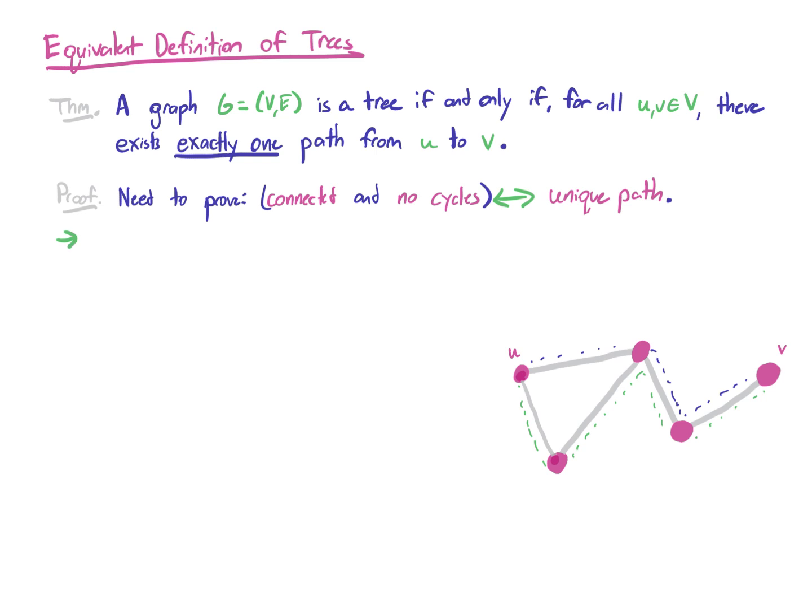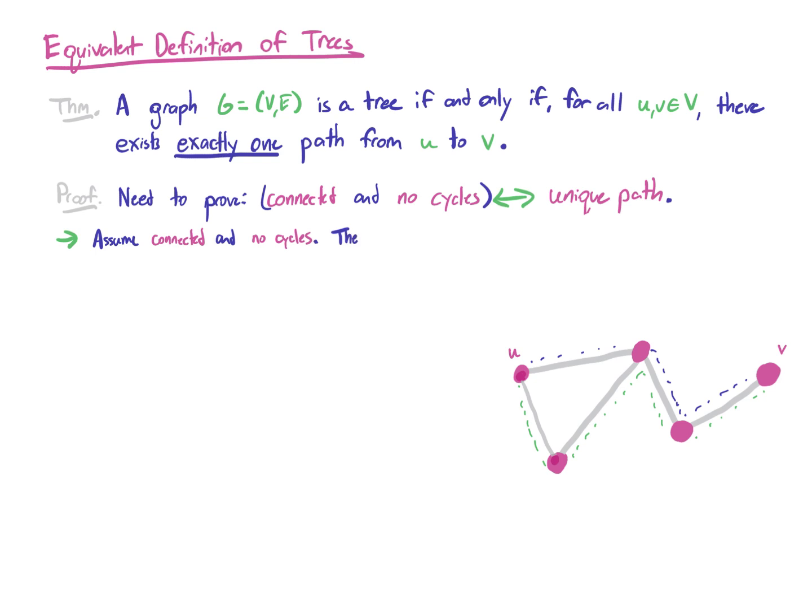So in the rightward direction, I am going to assume that my graph is connected and contains no cycles. So I'm going to make that assumption, and then what I want to do is prove that every pair of nodes in this graph has a unique path.